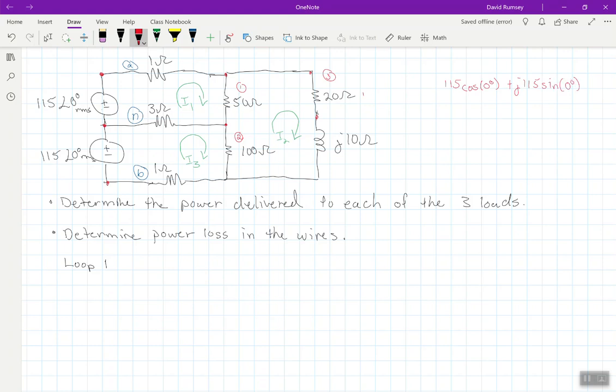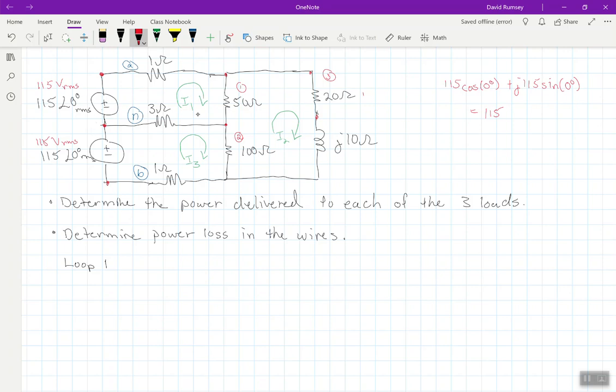That was all the way back in the first module on how to do stuff with complex numbers. If you do that, you just wind up with 115. So in rectangular format, this is just 115 volt RMS, and this is just 115 volt RMS.